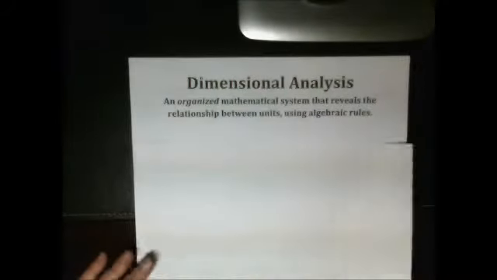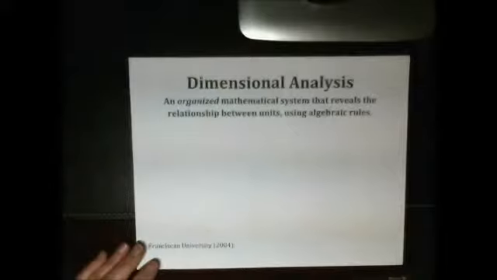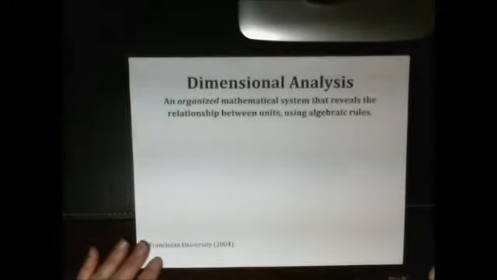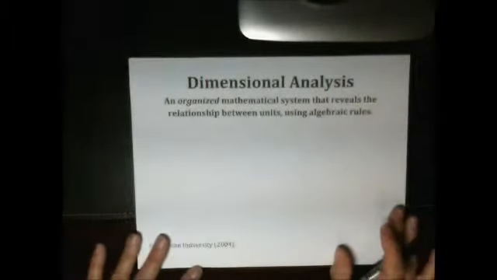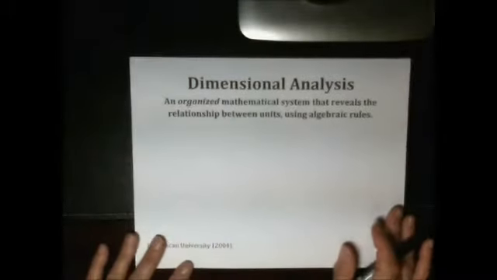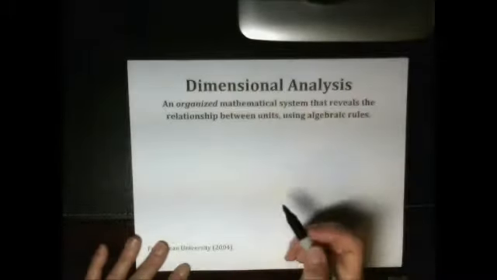Dimensional analysis is an organized mathematical system that reveals the relationship between units using algebraic rules. Let's just review a little bit of the algebra that we need in order to do this dimensional analysis properly.